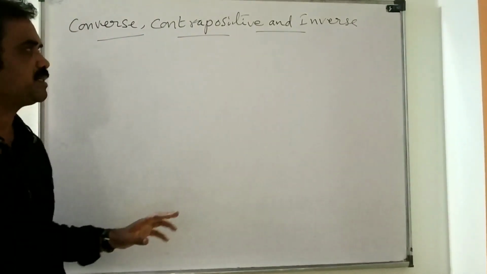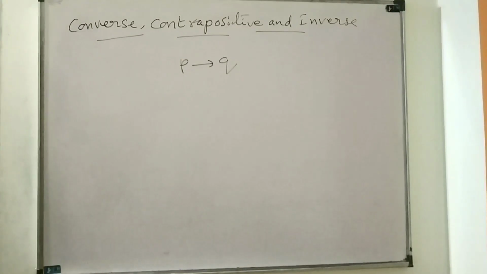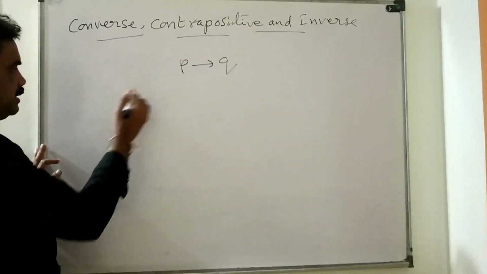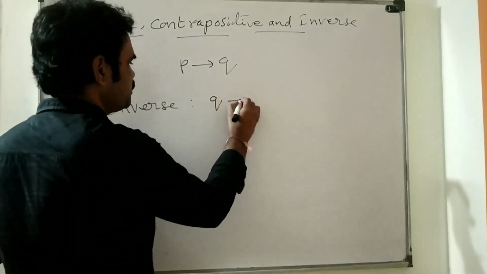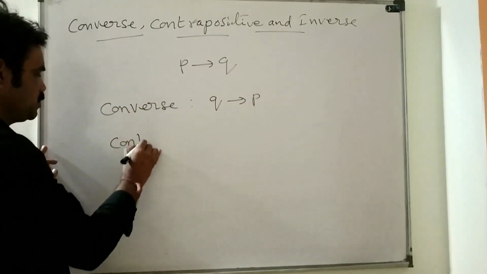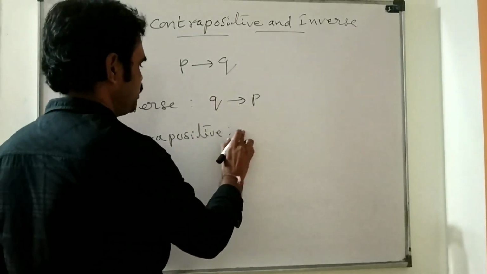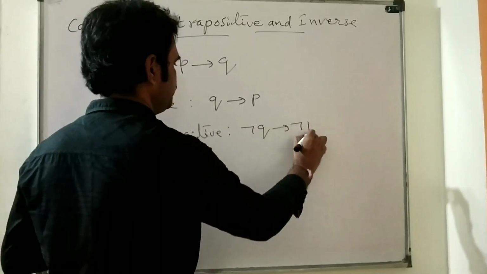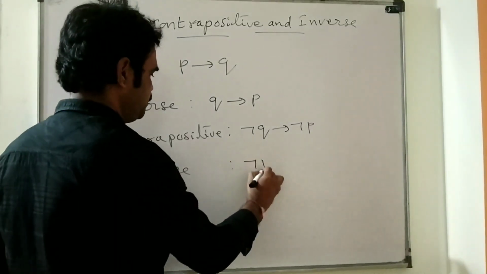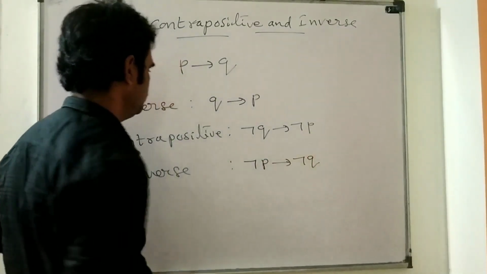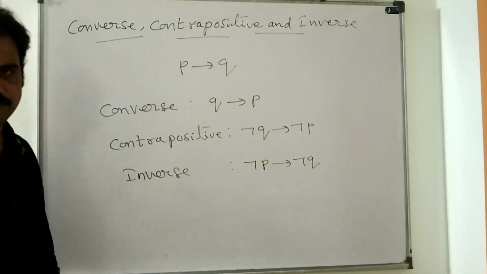There are some related implications which can be formed from the implication P implies Q. If P implies Q is the given implication, then its converse is Q implies P. Its contrapositive is negation Q implies negation P. Inverse, that is, negation P implies negation Q. These are converse, contrapositive, inverse of the implication P implies Q.